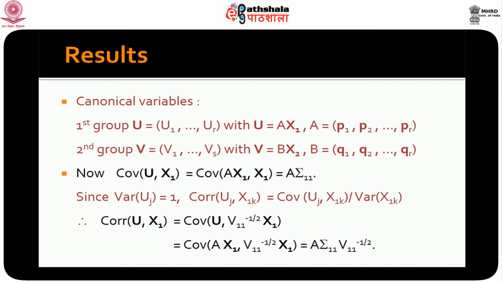And introducing this r by r diagonal matrix V11 to the power minus half, which we have used before when standardizing, the kth diagonal element is sigma kk to the power minus half, which is the diagonal element of V11 to the power minus half, and which is the one we are using to standardize the xk's.